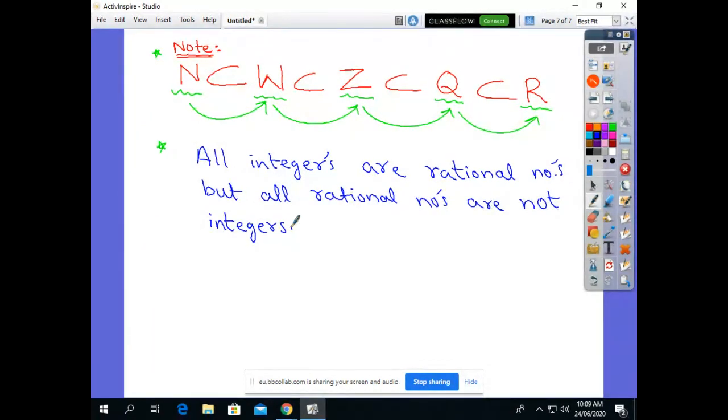Now we come across other definitions: terminating decimal fraction, recurring decimal fraction, and non-terminating decimal fraction. First one is terminating decimal fraction. What is a fraction? A fraction is a number written in p over q form, and a decimal number is a number written with a point.